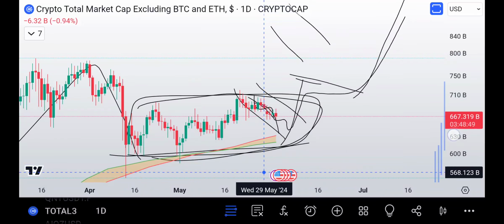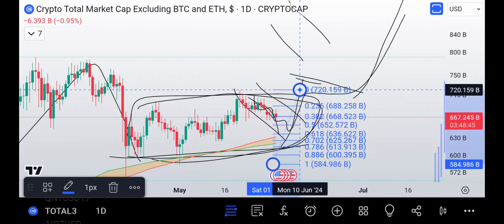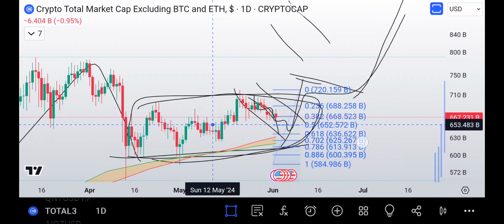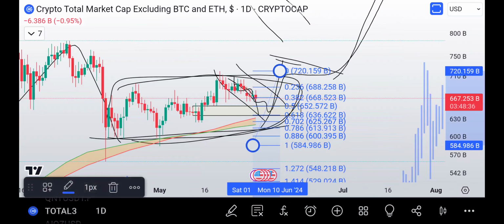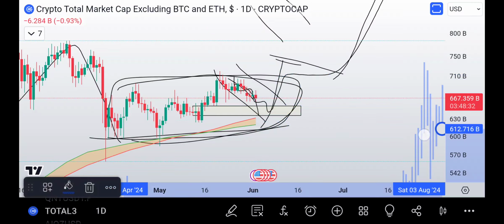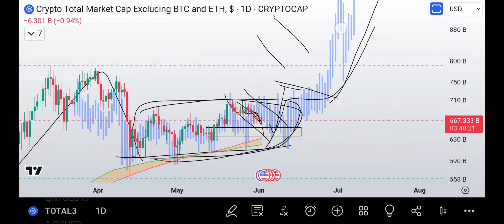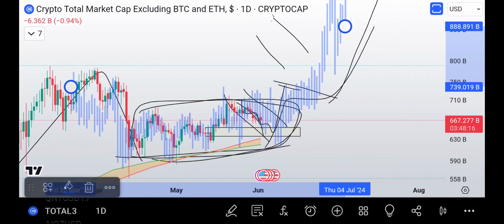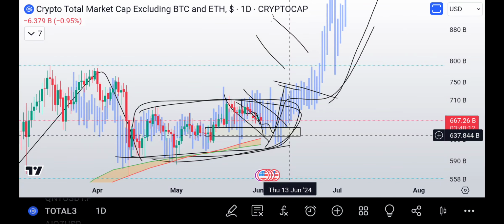golden ratio. Actually, let me see where that came in at here. So let me do this. I'll put the box right there, and then I'll get rid of that, and then I'll bring the fractal back up, and you can kind of see, yeah, it's looking pretty decent here to come back down into that golden ratio sort of area here.